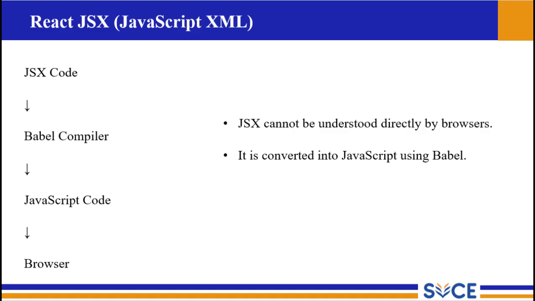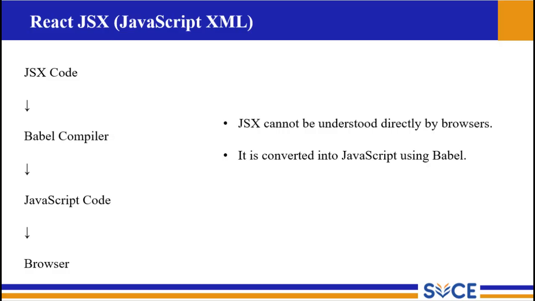Now, let us understand what happens behind the scenes. When developers write JSX, browsers cannot execute it directly. Browsers understand only JavaScript. Therefore, before execution, JSX must be translated into normal JavaScript.